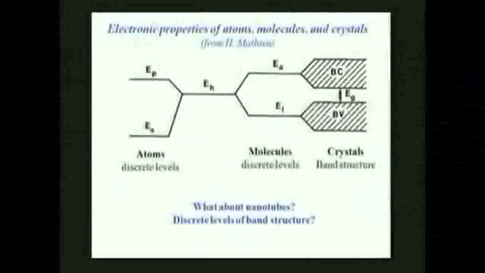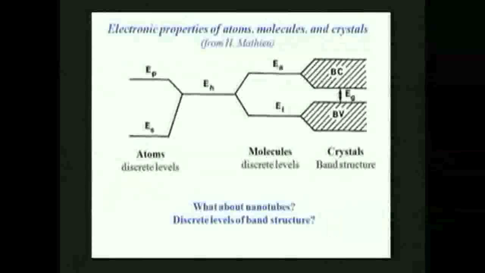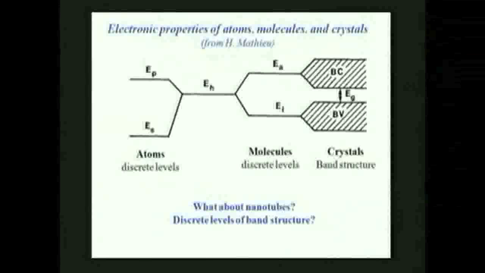And if you have several atoms or several molecules, you don't talk about discrete levels, you talk about bands. In these bands, you have all the states that correspond to the dispersion curves. And when you have semiconductors, you find that you have a gap with forbidden states between the valence band and the conduction band.